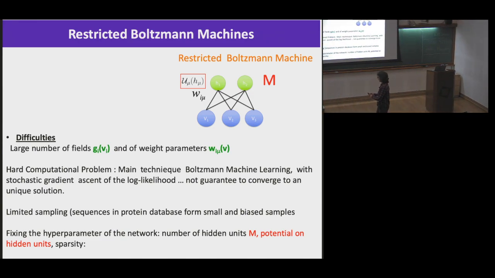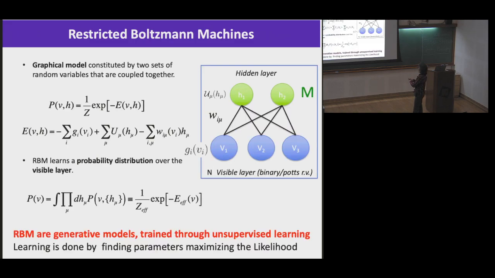Now, there are both functions and parameters. So this is what I'm describing. The weights are just parameters, and also these fields are parameters. They are functions in the sense that they take 20 or 21 possible values depending on the amino acids for a Potts model.